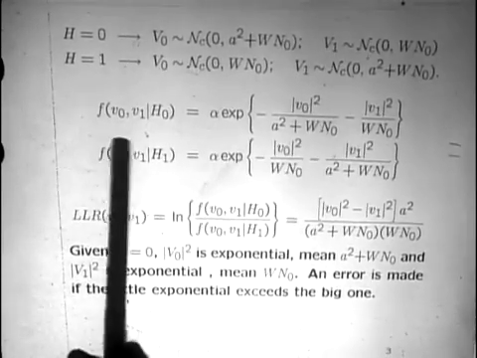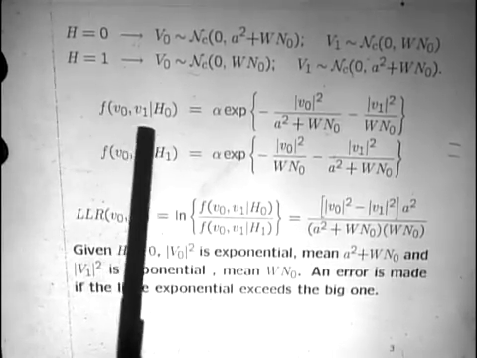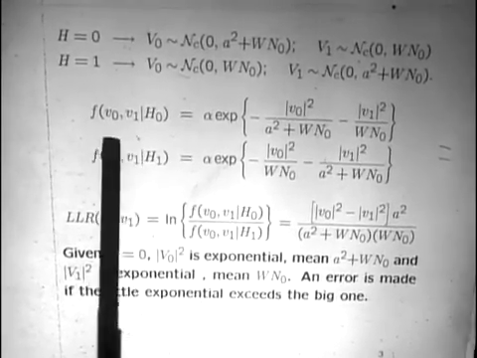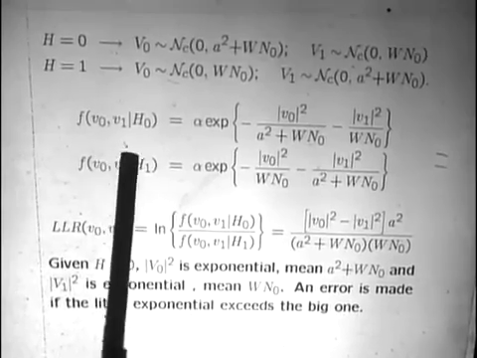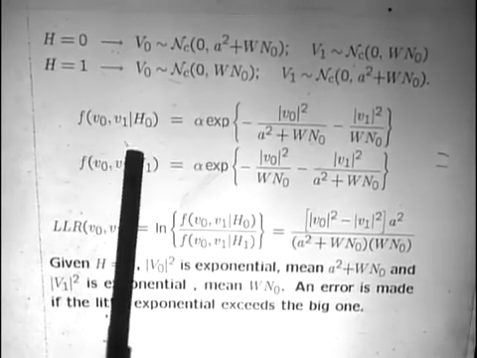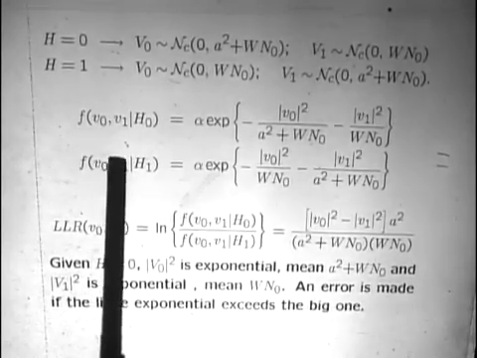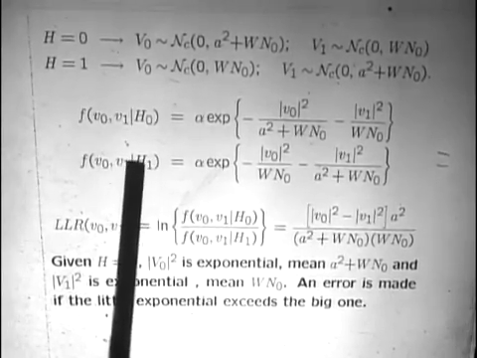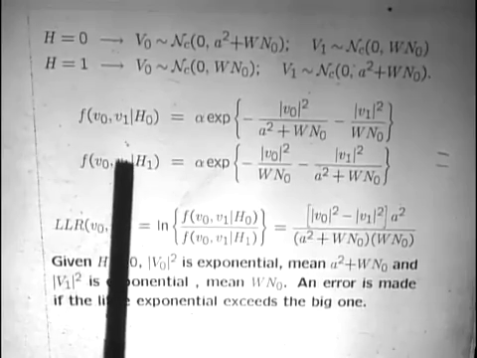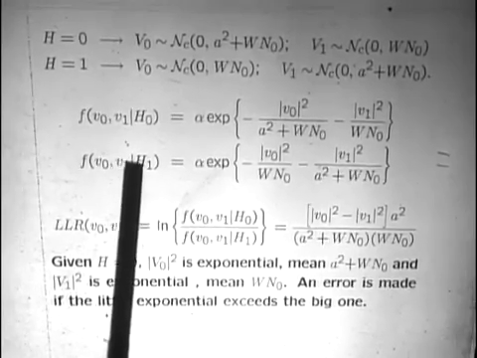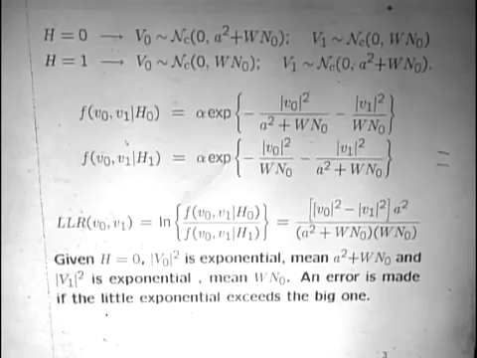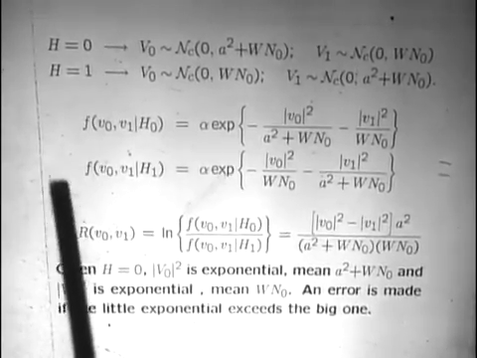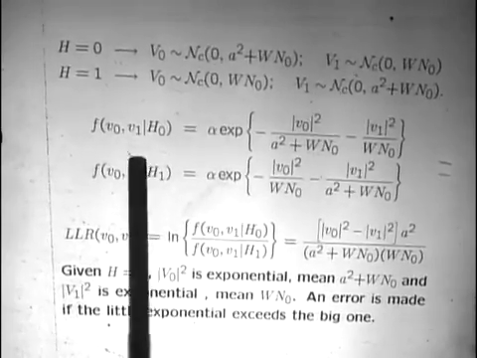The probability density of V0 and V1, and now it's more convenient to use the real and imaginary parts for the Gaussian density. Anytime you're working problems of this type, try both densities, using real and imaginary parts and using magnitude and phase, and see which one is easier. Here it turns out that the easiest thing is just to use the ordinary conventional density over real and imaginary parts.